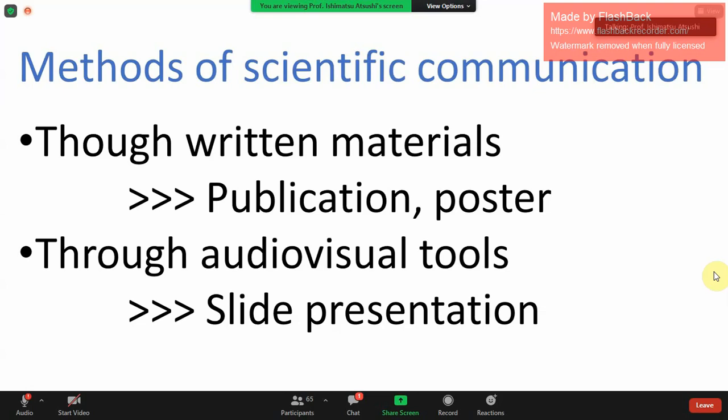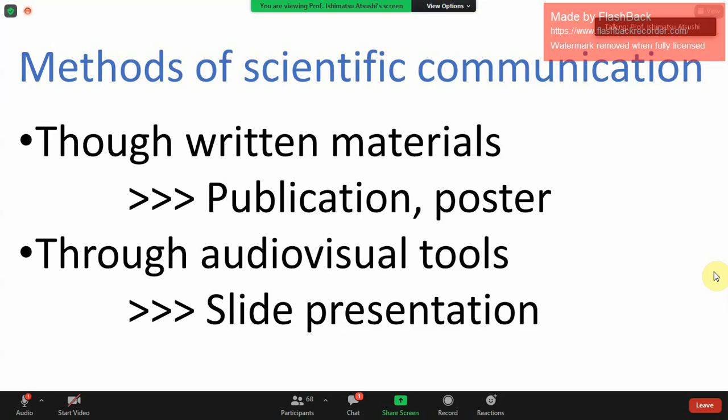I gave a course on English writing for publication, but this is not the content of today's seminar. The other way is poster, as you know.